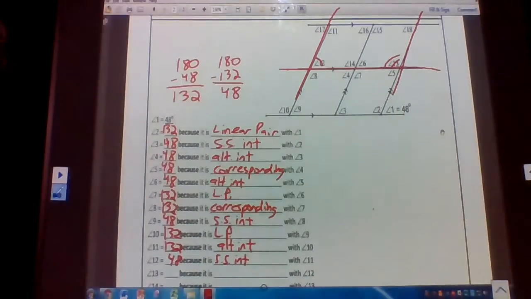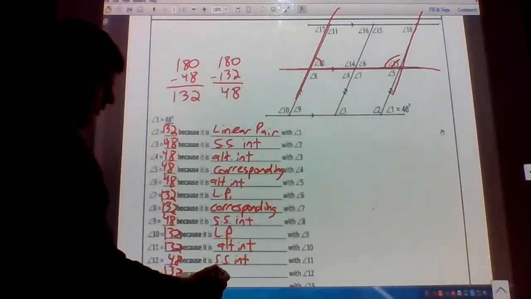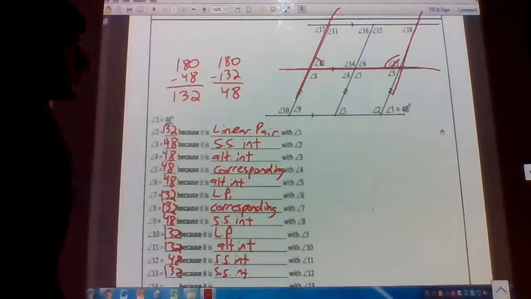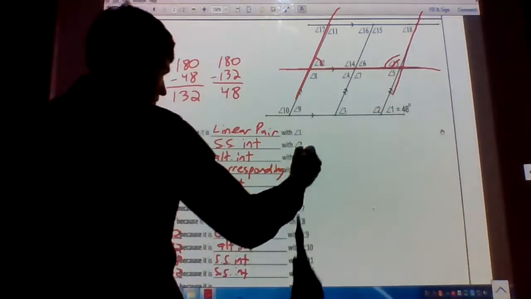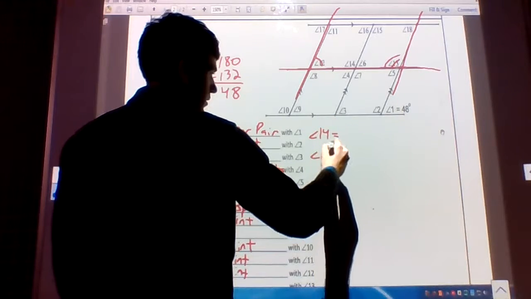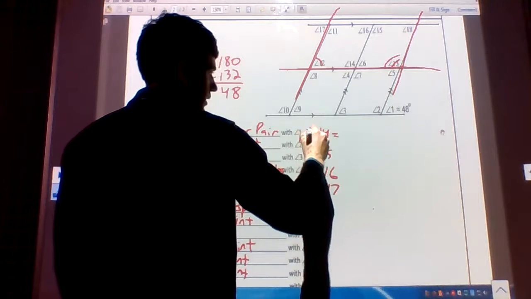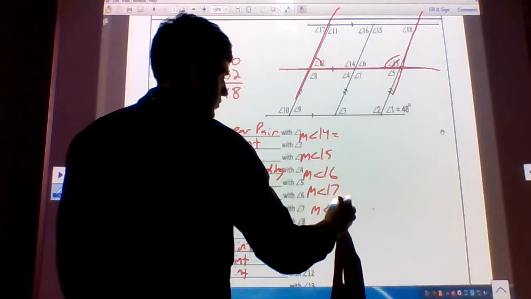So we'll do 180 minus 48 is 132. 13 and 14 then are corresponding. I'm going to do it over here. Again, these should all be measure of angle, if we were doing it right.